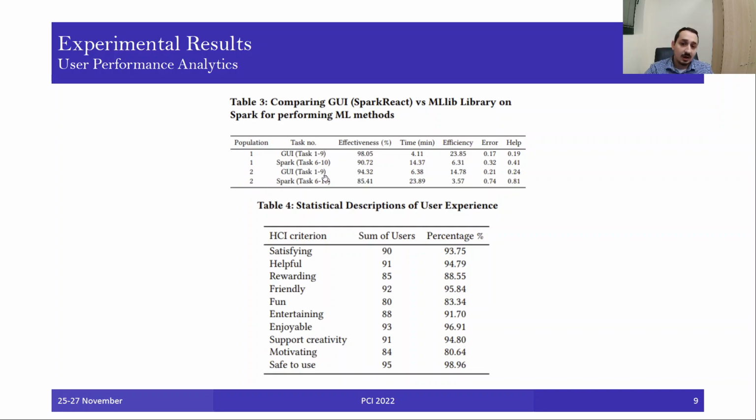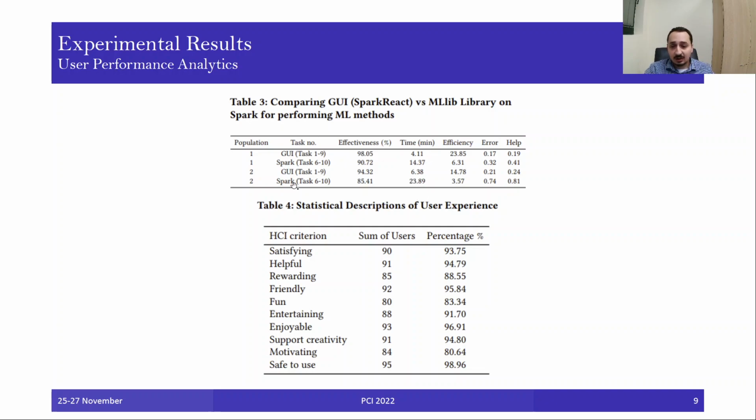Again, for tasks 1 up to 9, the effectiveness was 94 percent, and the time is a bit increased, 6.3 minutes. This is because these users didn't have previous experience with machine learning and such techniques.